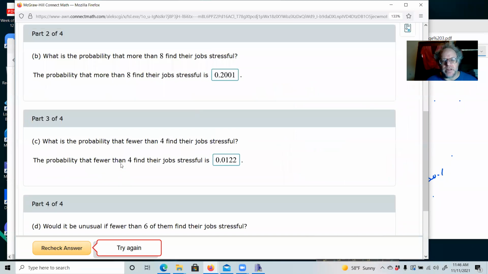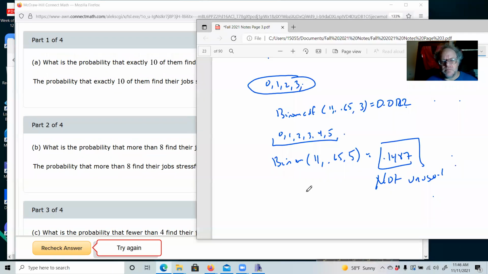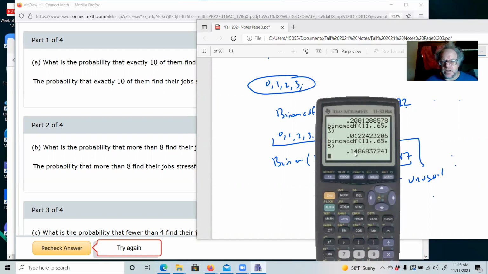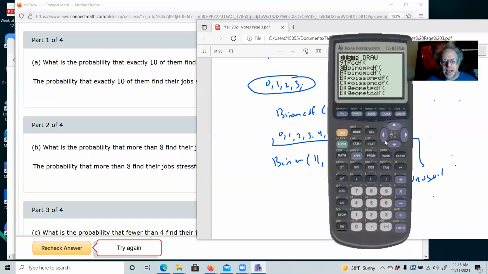Oh, try again. Didn't like it. Exactly 10 of them. What did I do wrong? Let's see here. Second function, distribution, particular. Okay, we have 11 people.